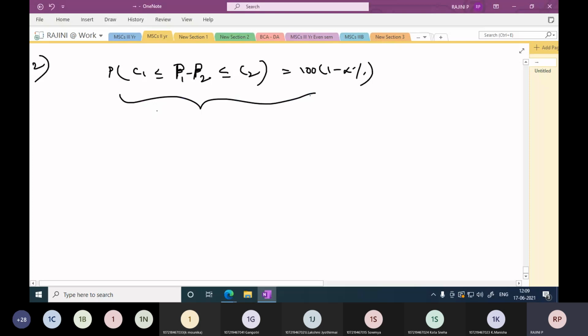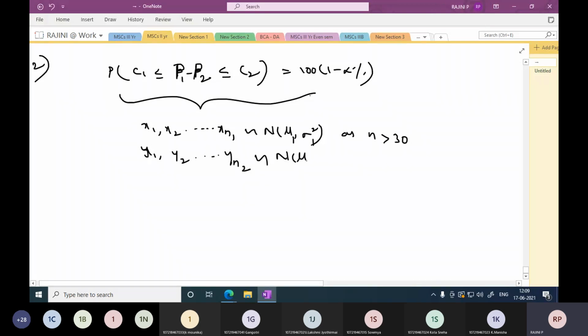Here we have two samples. x1, x2, and so on up to xn1 is one sample which follows the normal distribution, because n is greater than 30. And y1, y2, y3, and so on up to yn2 is another sample, which follows the normal distribution with mean and variance mu 2 and sigma 2 square.